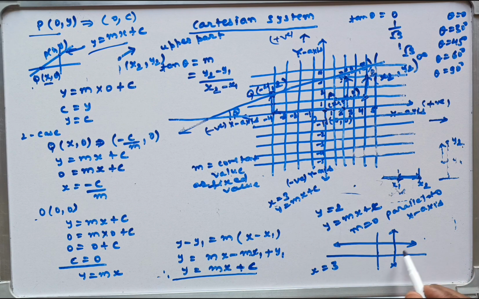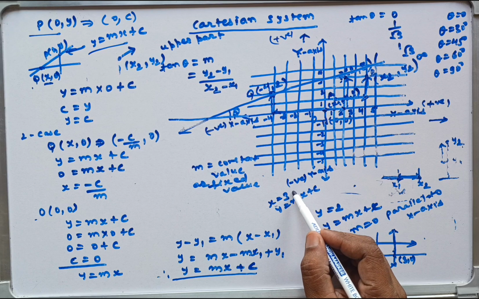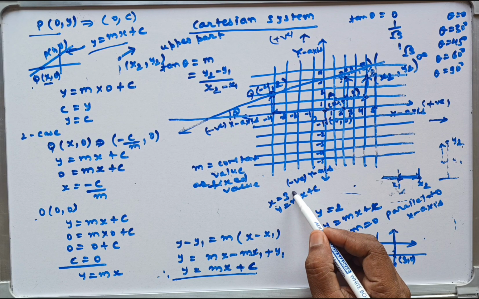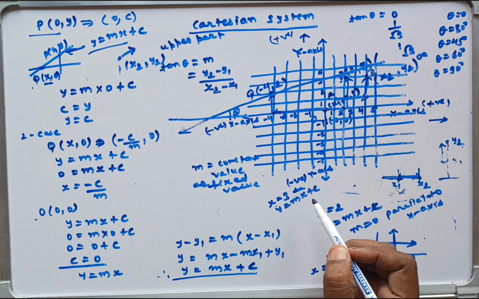If this point has coordinates 3 and 0, and all the y values are free, the line is parallel to the y axis. So this is the equation of a line when the line is parallel to the y axis.